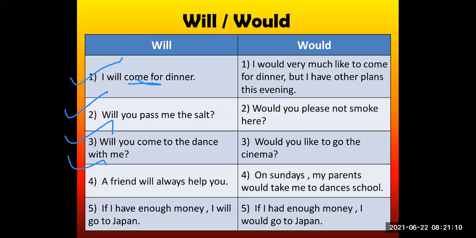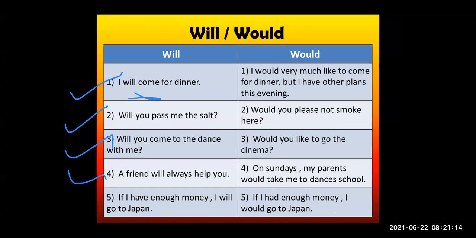Now let's see when we will use would. Would is the past form of will.